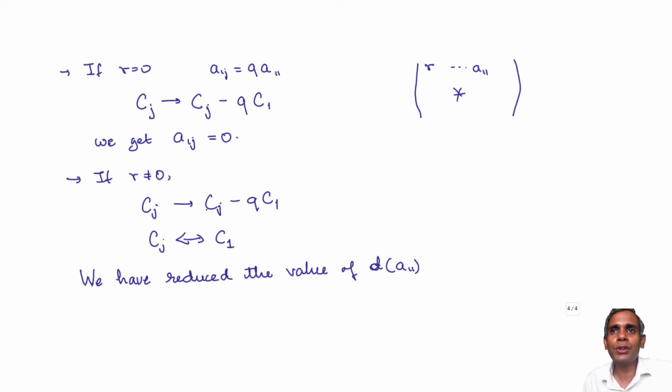So this process of reducing the size of A11 cannot continue indefinitely, because at some point you will reach the smallest possible size and the process will have to stop. You cannot reduce it any below 0. And so the conclusion is that after finitely many steps, we would have cleared out all the entries in the first row except for the 1,1 entry.